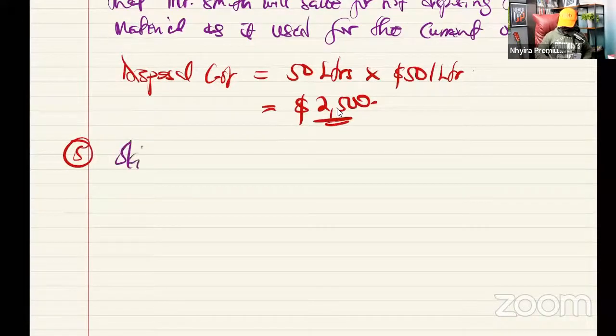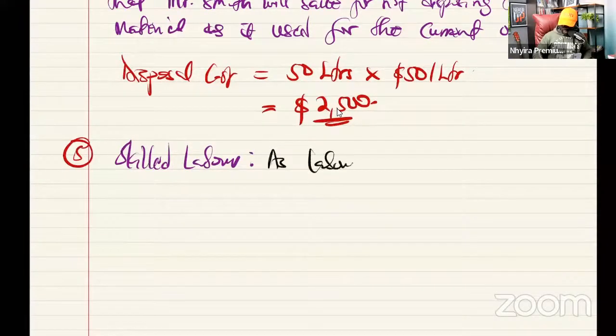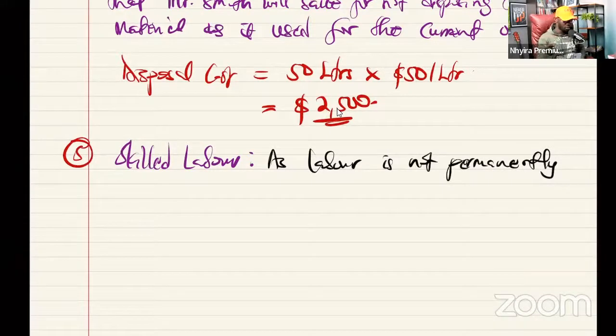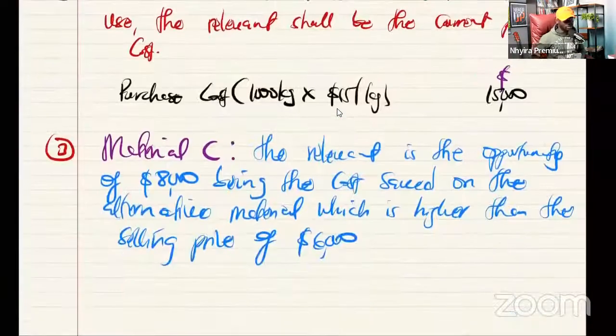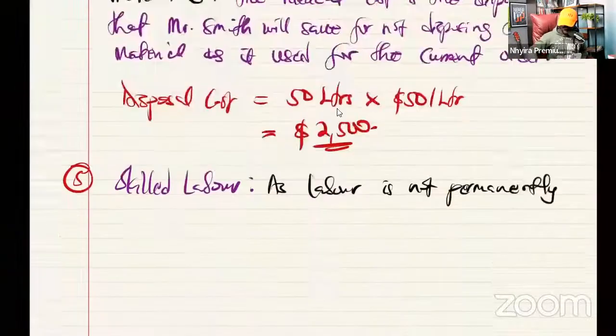Skilled labor. As labor is not permanently employed. Remember, the reason we are writing these notes down is because the examiner said we should explain what we are doing. That's why we have to write these in English, do these calculations, because you have to explain what you are doing.